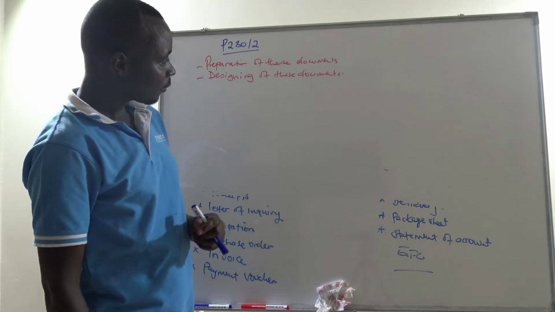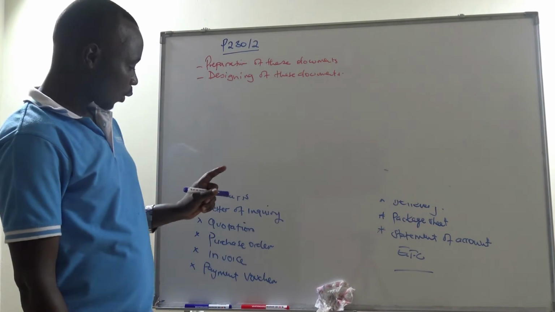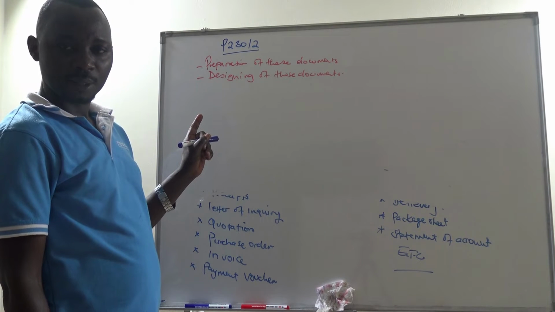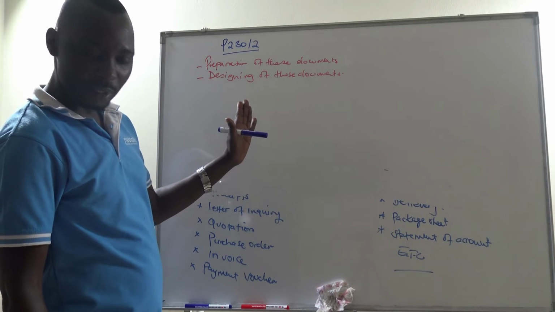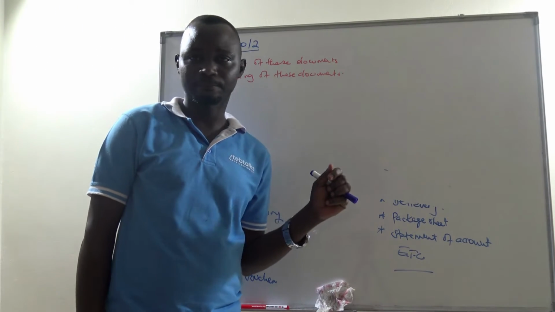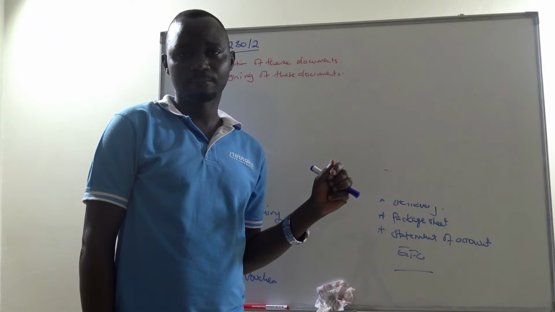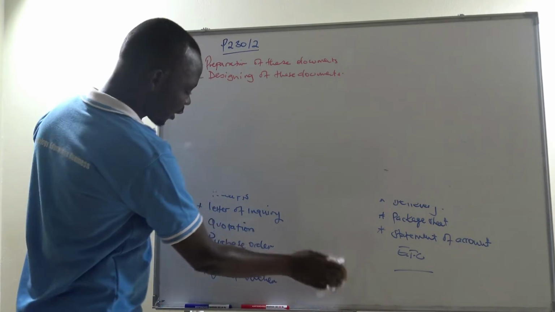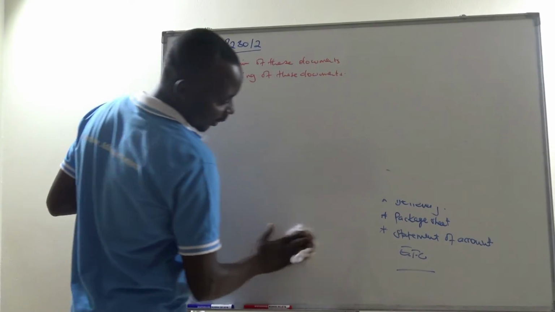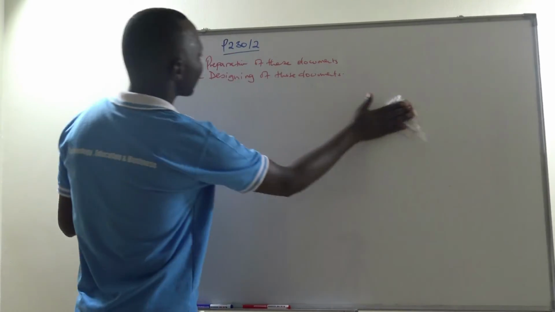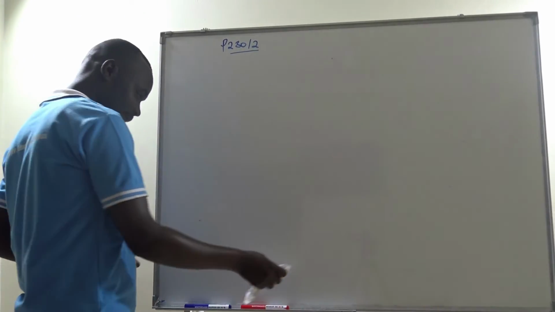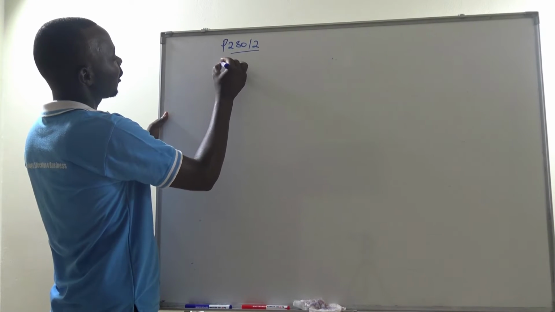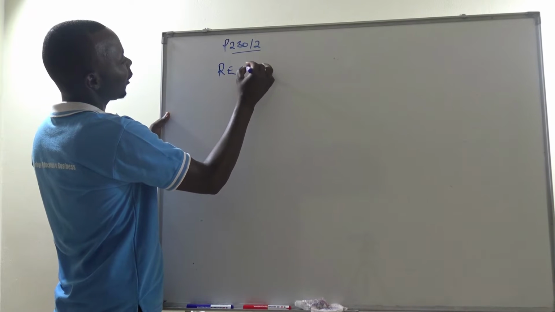Now, we are going to start with our first document. That is a receipt. And we see how this receipt is prepared, at the same time how this receipt is designed. Our first document, without wasting time, is what we call a receipt.